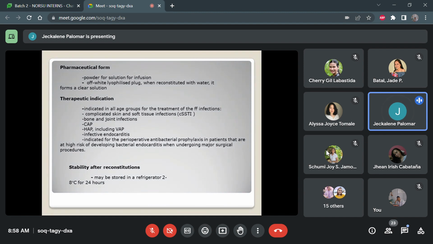After reconstitution, vancomycin may be stored in the refrigerator at 2 to 8 degrees for 24 hours.